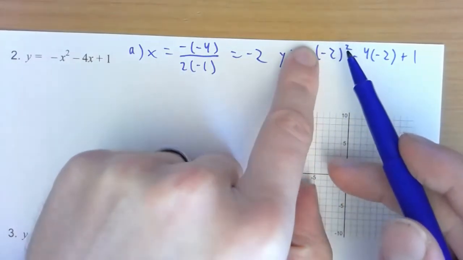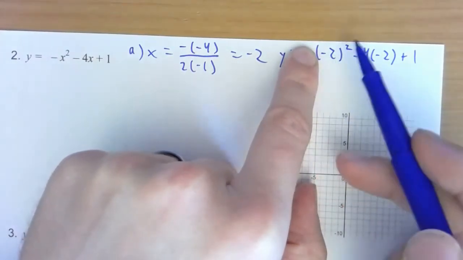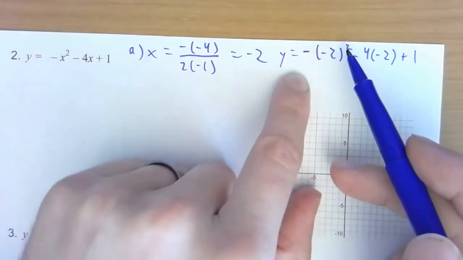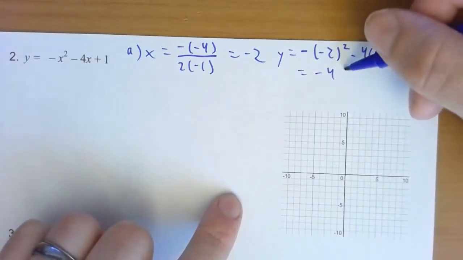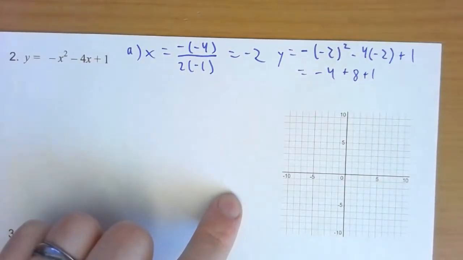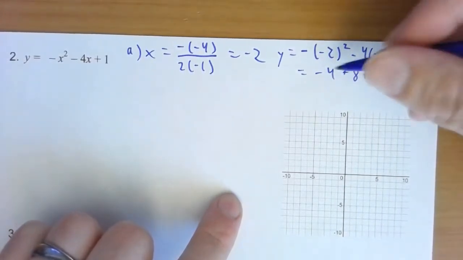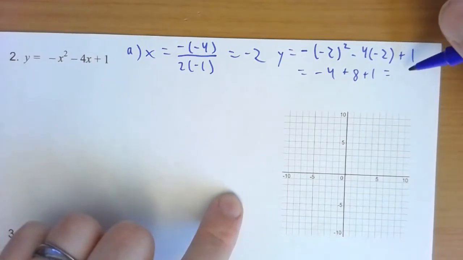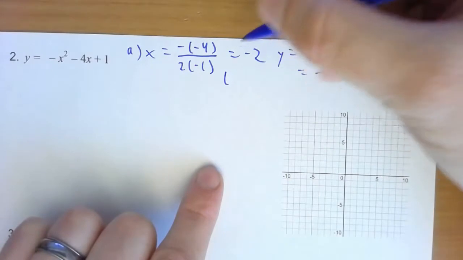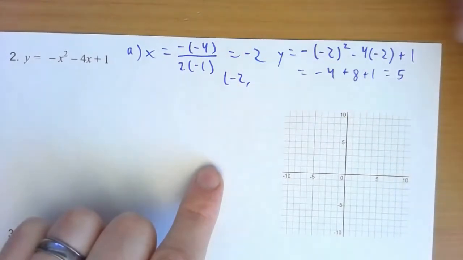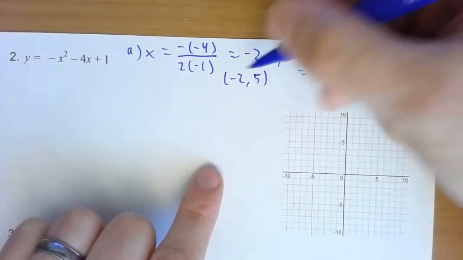You've got to do the exponent first, -2 squared, that's +4, and then put the negative on it. So this is -4 plus 8 plus 1. So -4 plus 9, that will be 5. So your vertex is -2, 5.